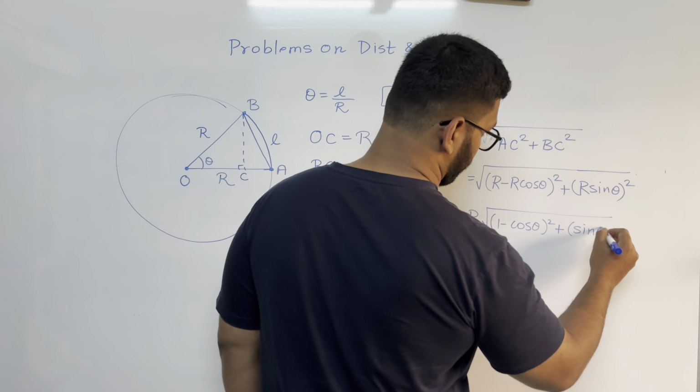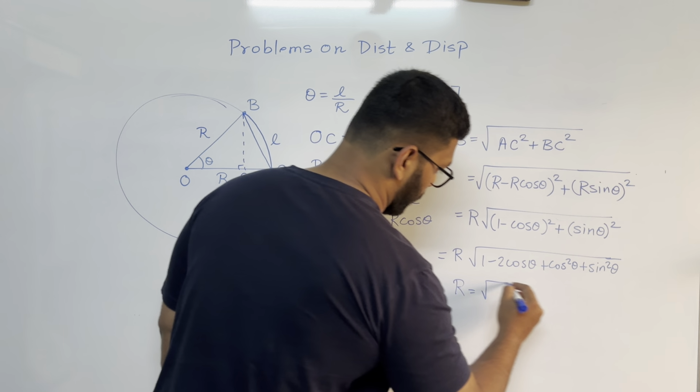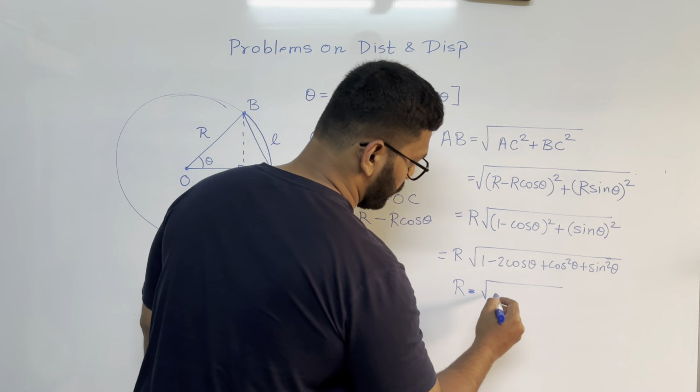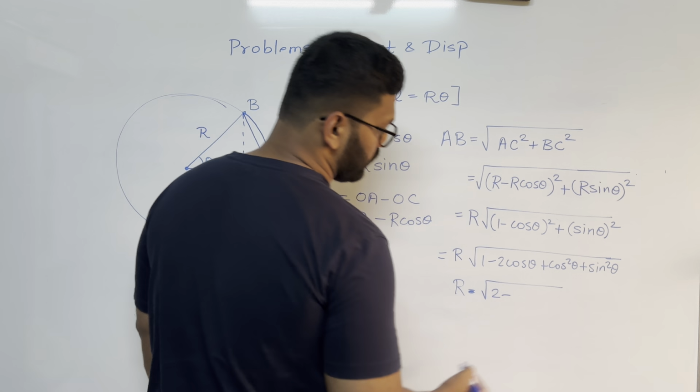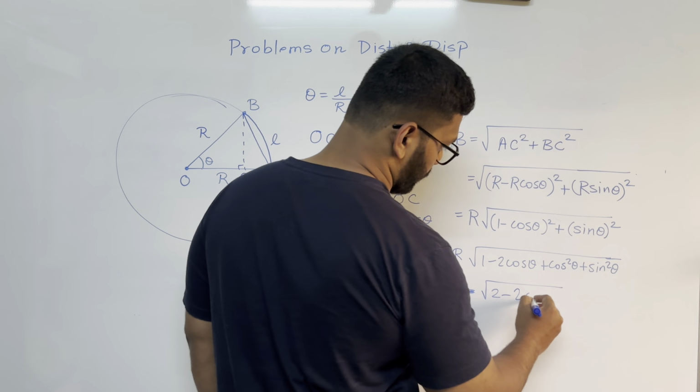So this is R times the square root of 1 minus 2 cos theta plus cos square theta plus sin square theta, right? Cos square theta plus sin square theta is 1, and 1 plus 1 is 2. So this is R times the square root of 2 minus 2 cos theta.